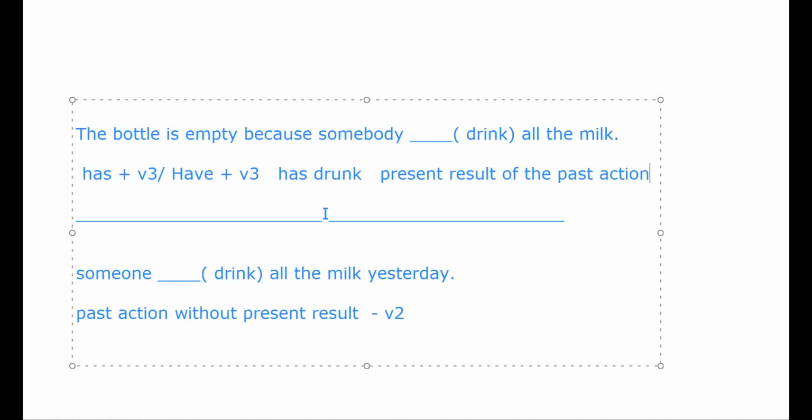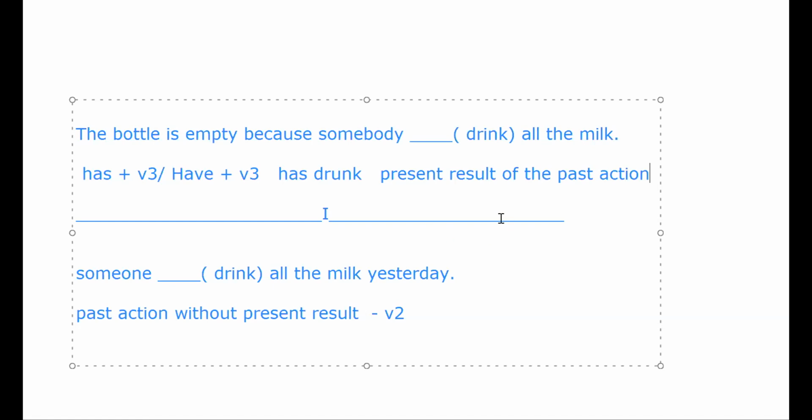He has broken his leg. Now, what is his condition? Maybe he has a bandage. That is what we can visualize. Suppose I say he broke his leg last month, it means now he's cured and he's walking again, he's back to normal. That is the difference. Whenever you use has plus V3, have plus V3, that result is still seen in the present.